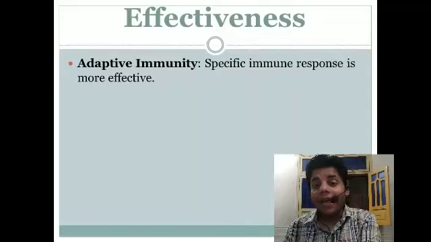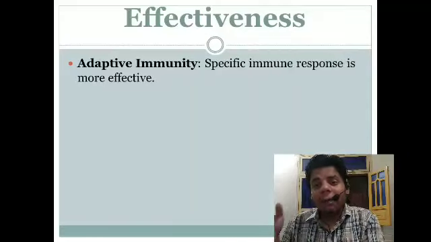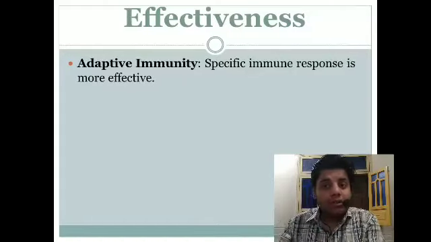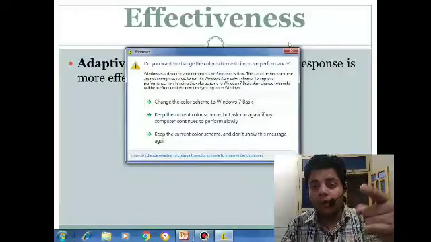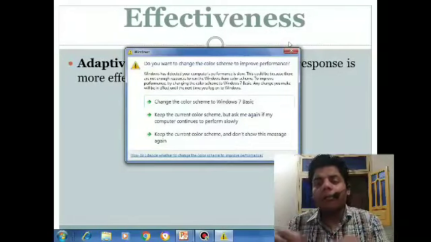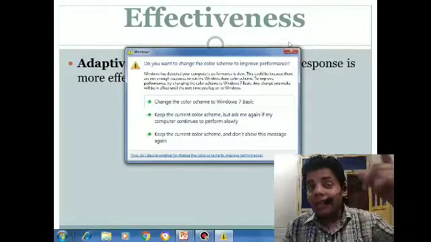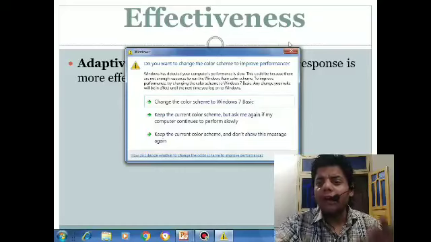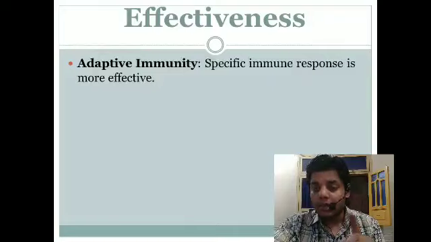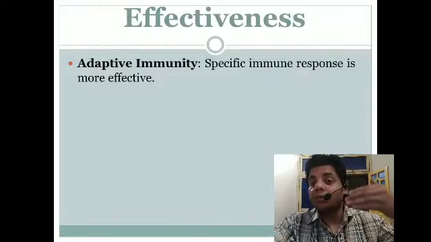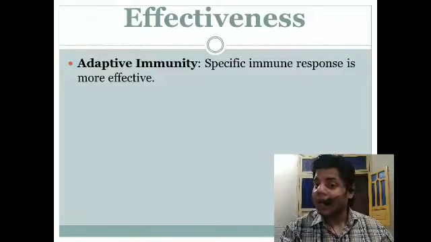The innate immunity is activated faster, but it can take longer to kill the microbes. Adaptive immunity can take just a few minutes or a few seconds to kill the microorganisms. So that's why we can say that it is more effective as compared to innate immunity.